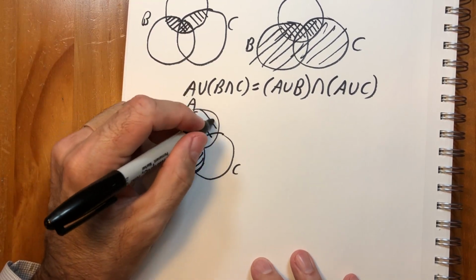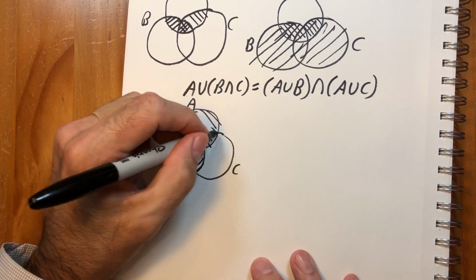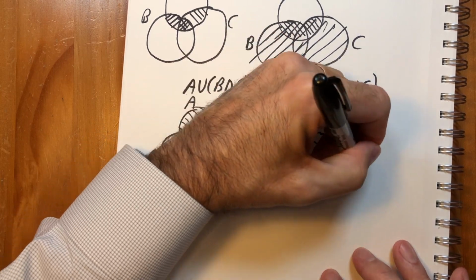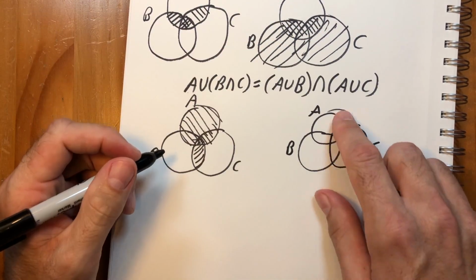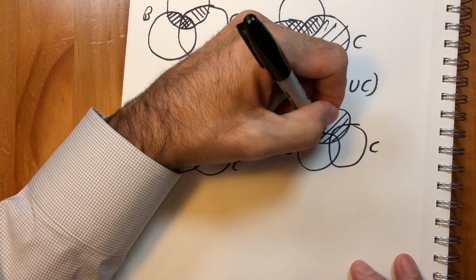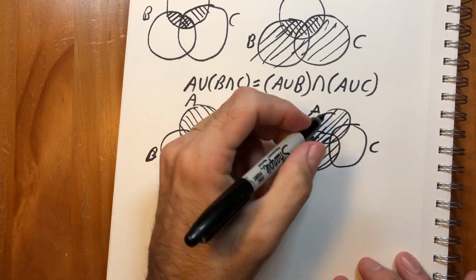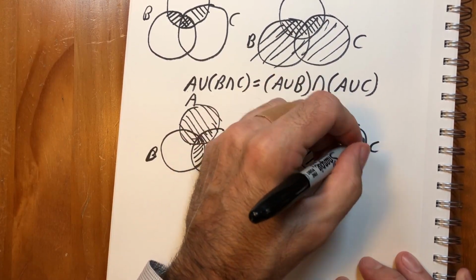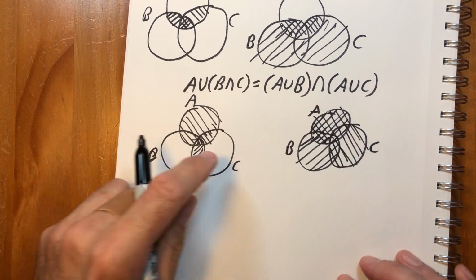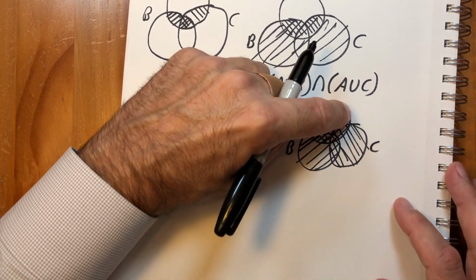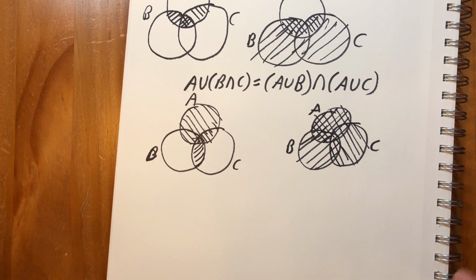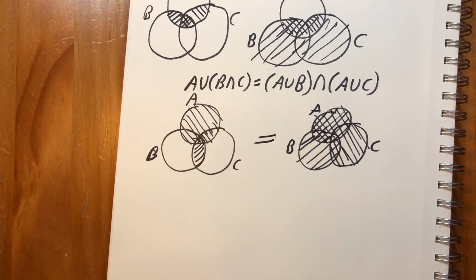So it's all of A plus this little tail, right? And then this one is, we have A union B and A union C. And then we take the intersection, and what do we end up with? We have A with the little tail. So they're the same. Interesting.